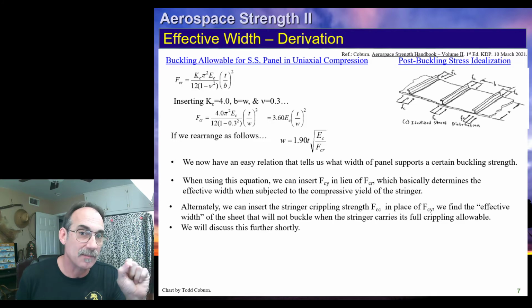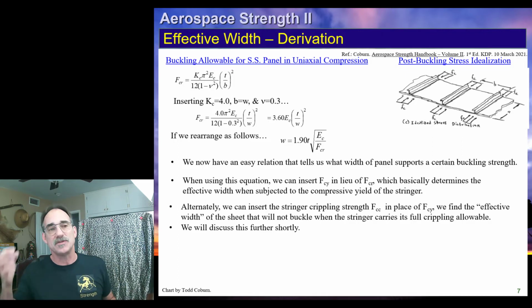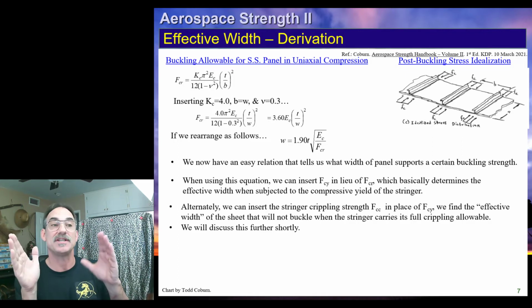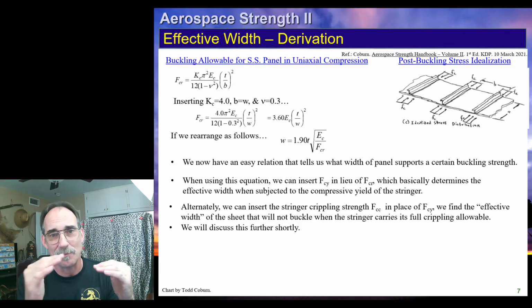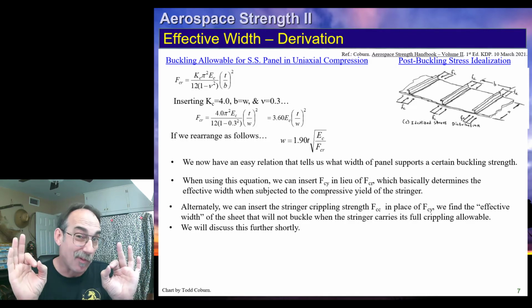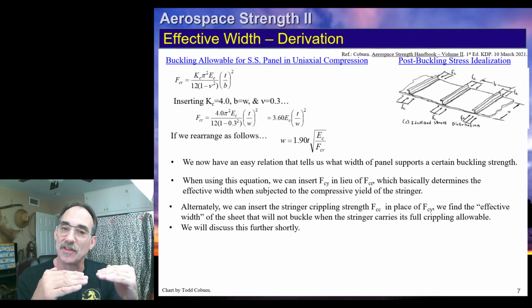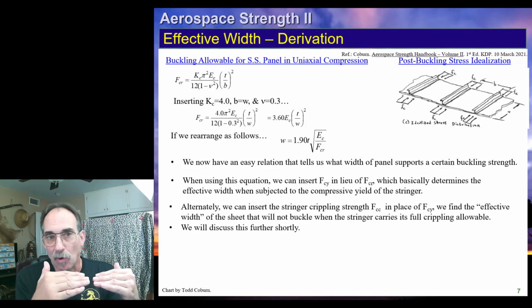Okay, we're going to talk about this further, but this basically sets our minds on the derivation of where this comes from. Once again, we took that flat panel buckling. The fuselage skin is not flat, but it's an approximation to assume that the curvature is large enough to approximate that behavior as a flat panel.